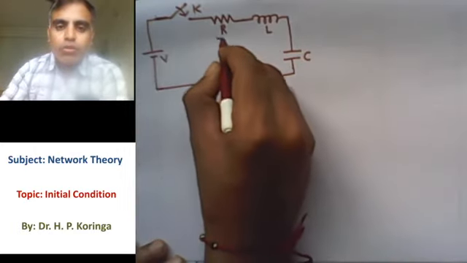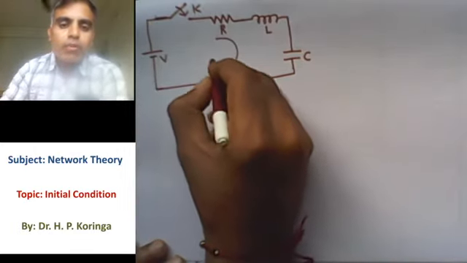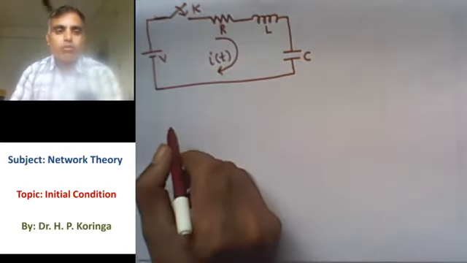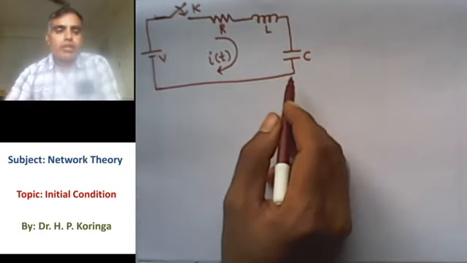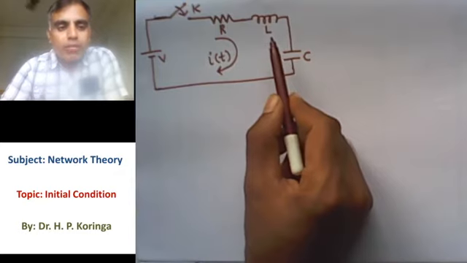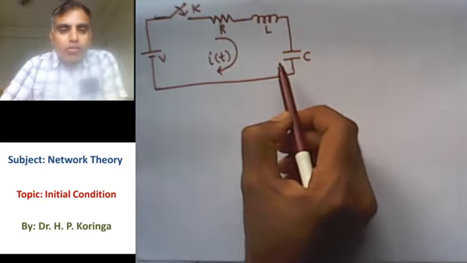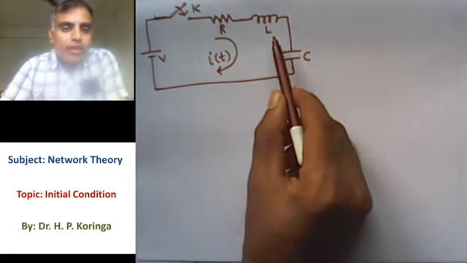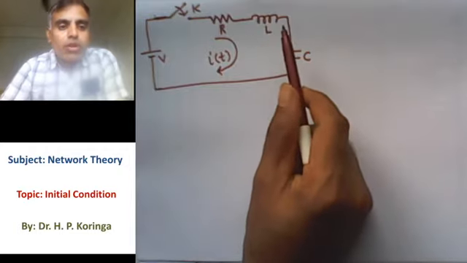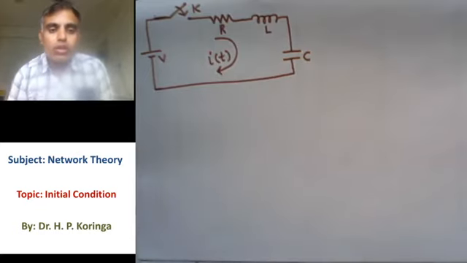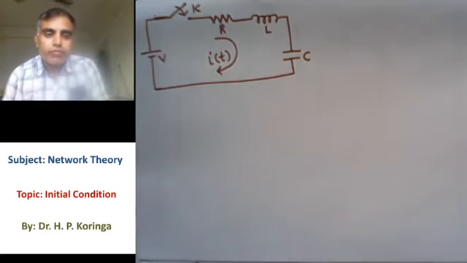So if you want to solve this network, or find the current I of t for t greater than or equal to 0, it forms a second order differential equation, because the voltage across the inductor is L dI by dt and the voltage across the capacitor is 1 upon C integration of I dt. If we differentiate once, then L dI by dt converts into a second order differential term. So overall it will give us a second order differential equation, right?